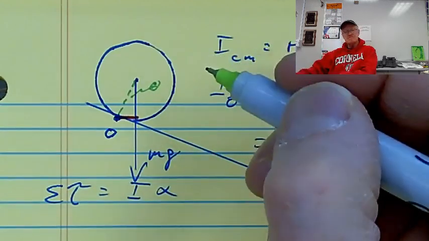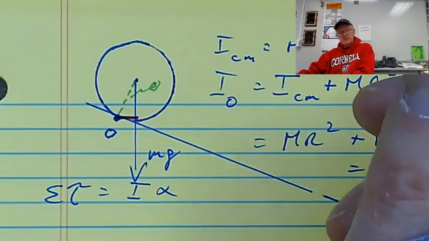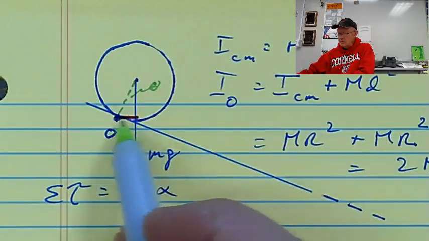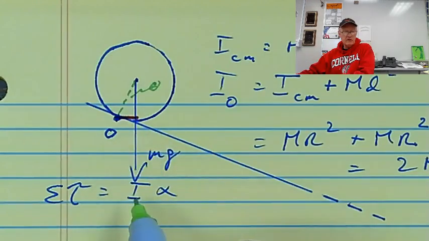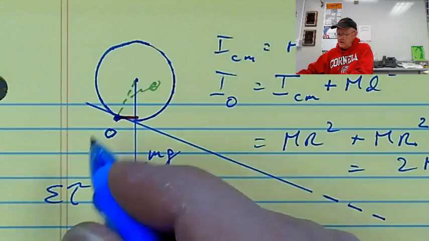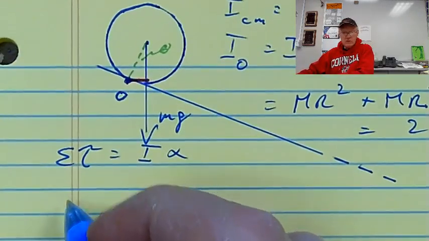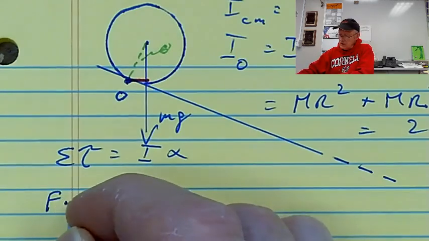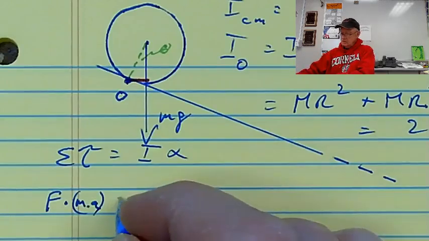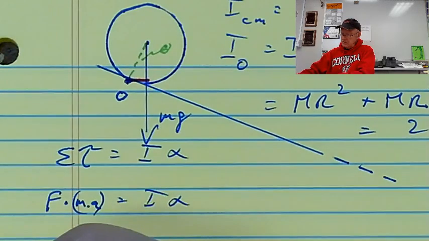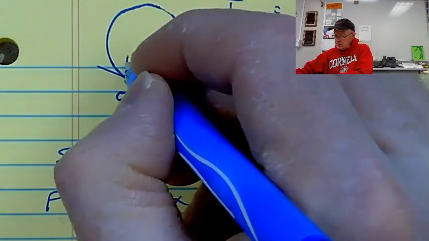Okay, so the torque, force times moment arm, we need to find that little red segment. That's the moment arm, because we're moving from now to torque. I'll put it on the left side of the equation: force times moment arm equals I alpha. The force is mass times gravity, and moment arm, let's see, if this over here is r, and that's theta, that over r is a sine of theta.